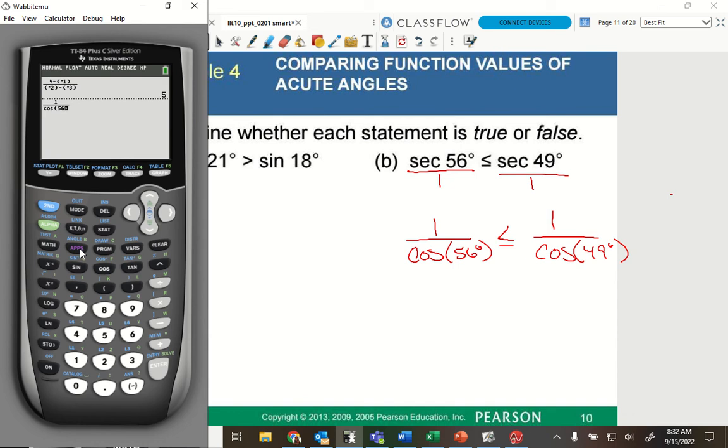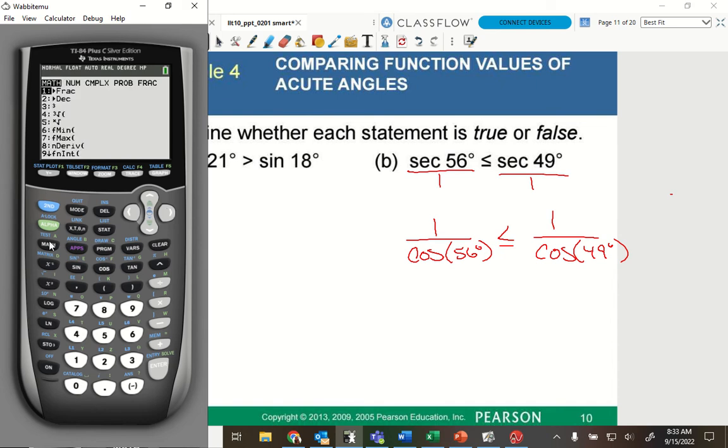So I'm going to hit second, apps, and there's my angle, so there's my degrees, my minutes, that's a symbol for radian, and there's my DMS if I am looking for DMS. So you can still do the same stuff, it's just in a different location. And that's going to be my degrees, and close.